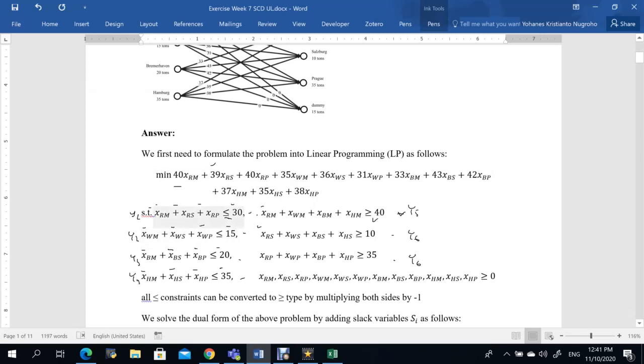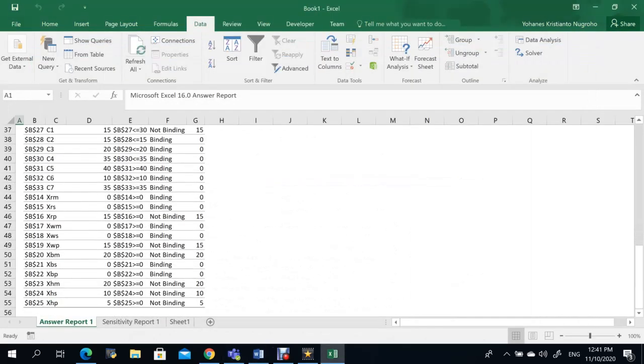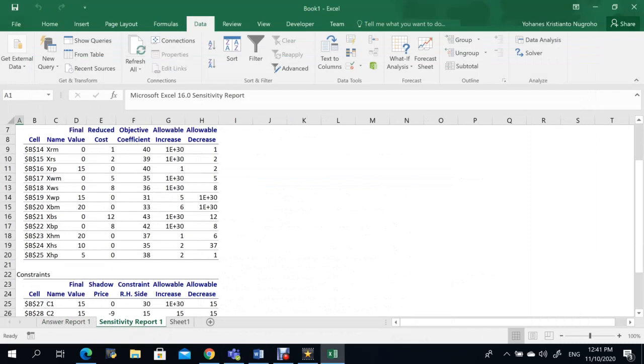It is not really equal to 30, but it is truly less than 30. Okay, and based on this sensitivity report and answer report, we can then construct our final network structure in our transportation.